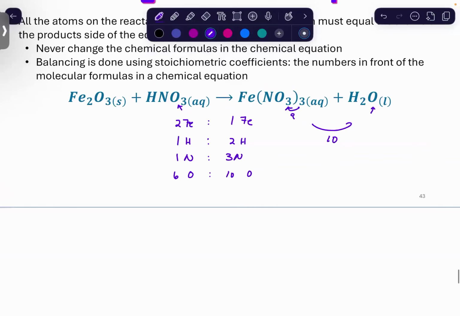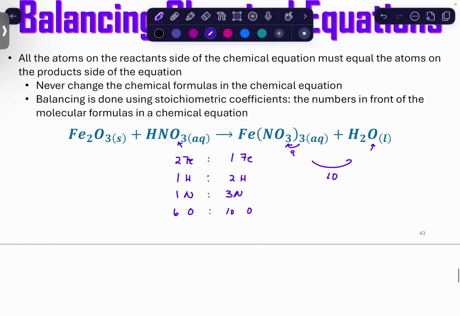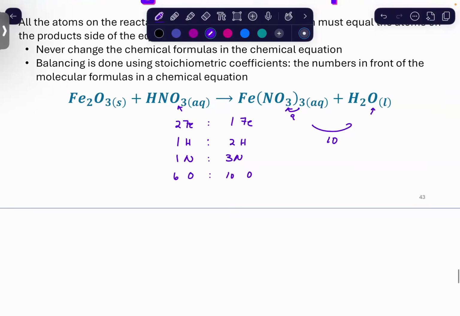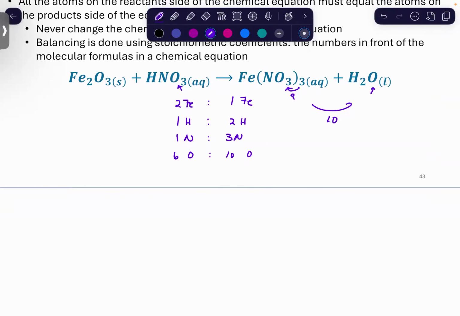Okay, so the first thing I'm going to do is, a lot of your chemical equations have oxygens in them, nitrogens. You don't usually see irons, so I'm going to balance that first. Now keep in mind, here's a vocabulary word for you. The coefficients that I put in are going to be the numbers out in front that I use to multiply a molecule by. Those are called stoichiometric coefficients.